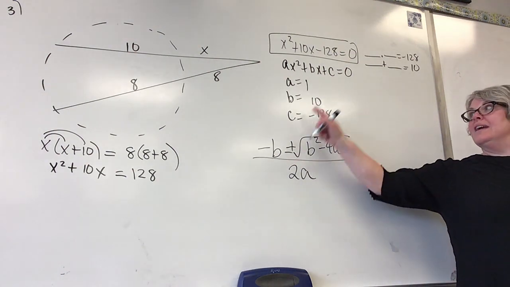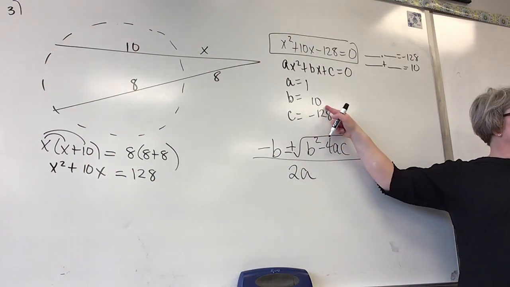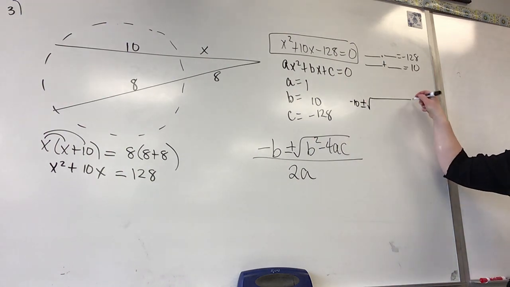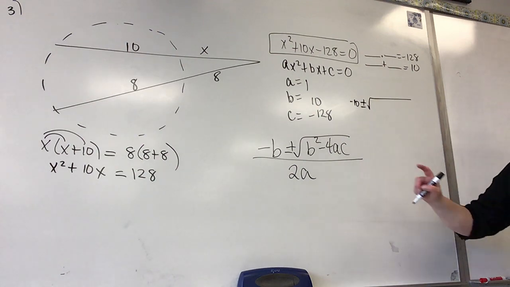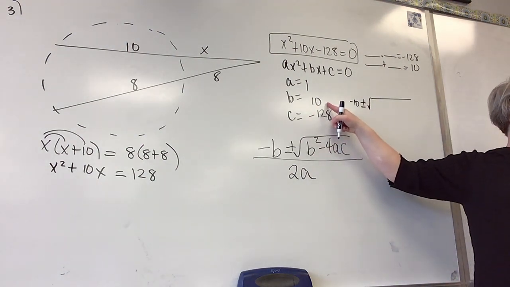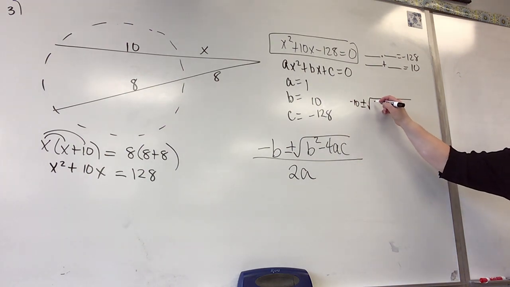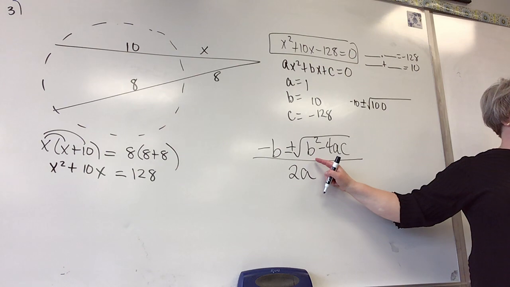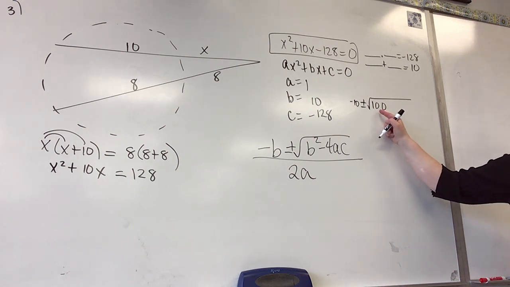Okay, what is the opposite of 10? Negative 10. Plus or minus the square root. What is B squared? You go to your calculator and you type in 10 squared and you get, what do you get? Okay, when you square something, what kind of answer will you always get? Positive, do you agree? You should never have a negative number right there.